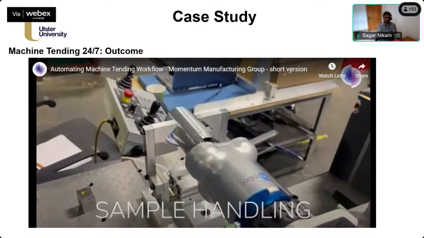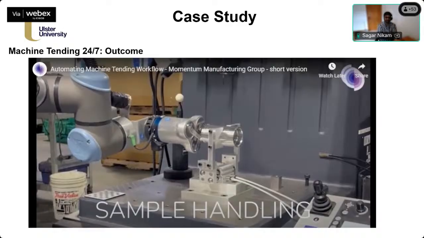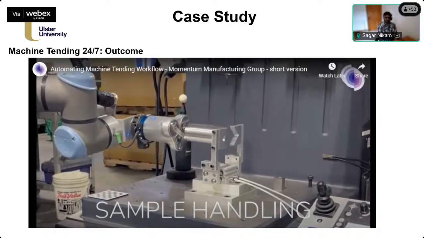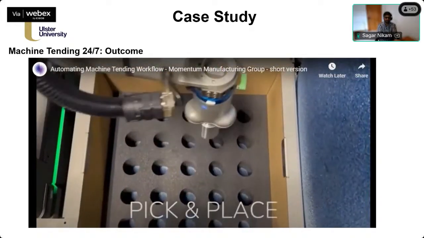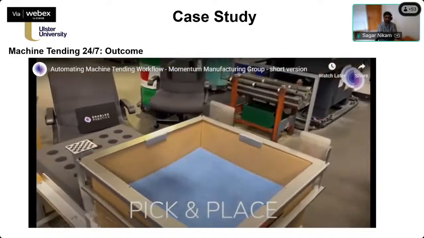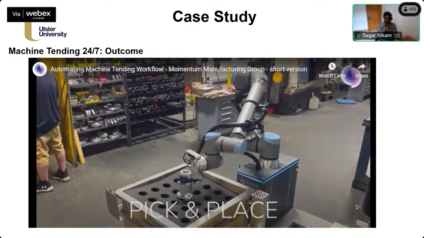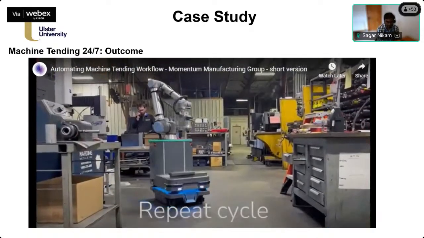Then it goes to the CMM, coordinate measuring machine, to check its quality. Once the quality is checked, it goes to packaging. There is a pick and package pallet where the robot places all the samples in the particular pallet box.